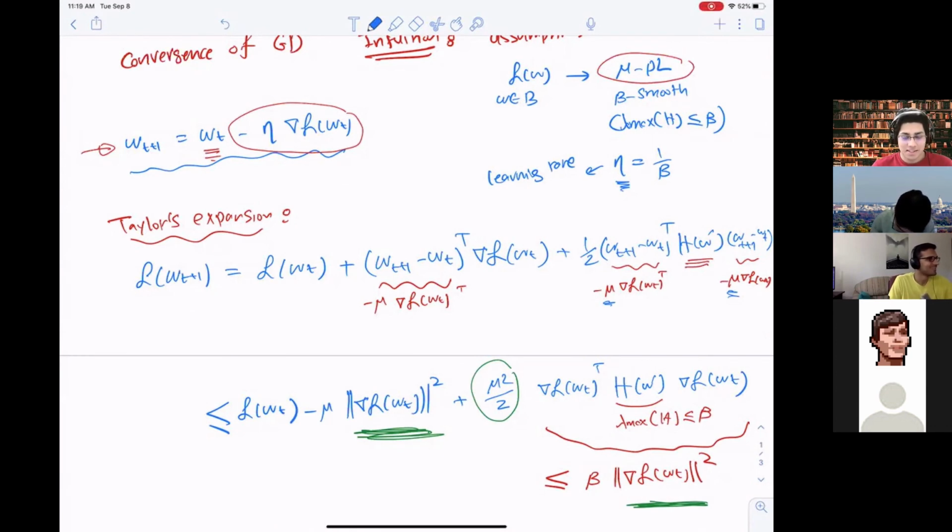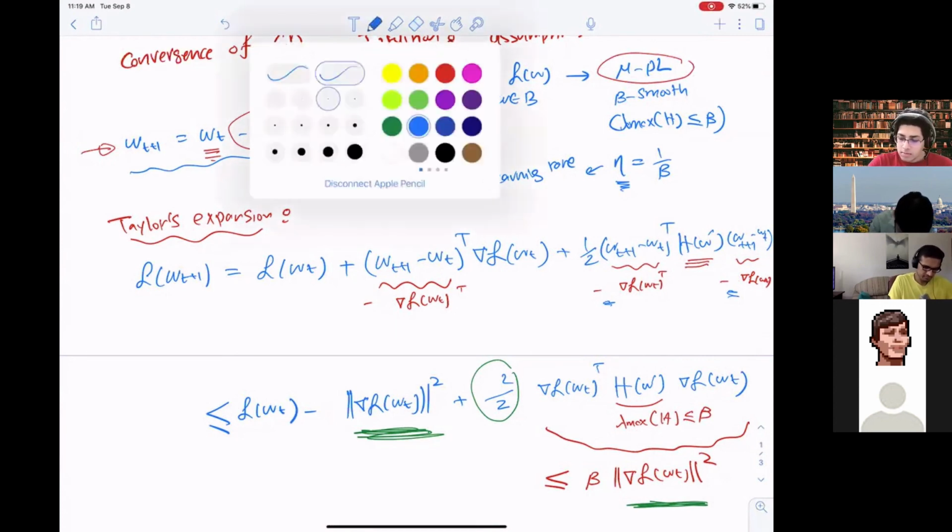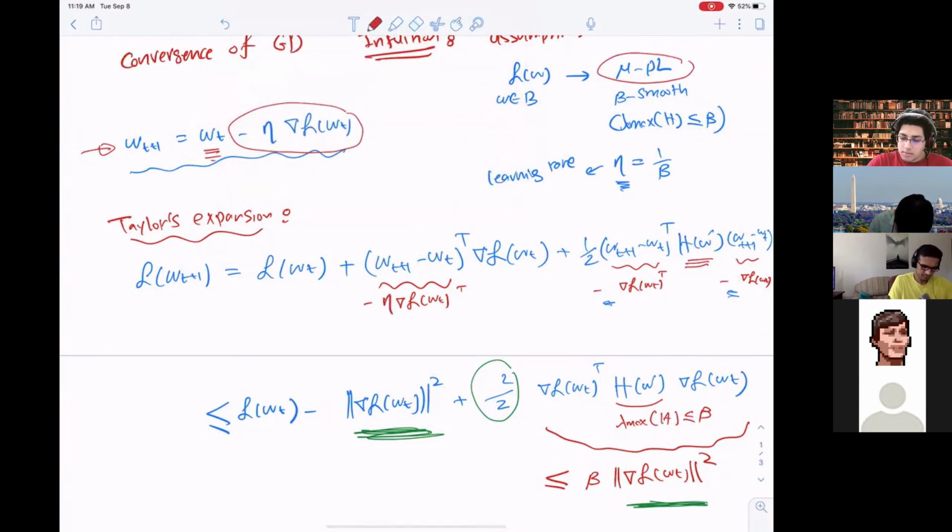All right. So the good thing about the tablet is that I can just erase these things. So, okay, I have eta here, eta here, eta here.